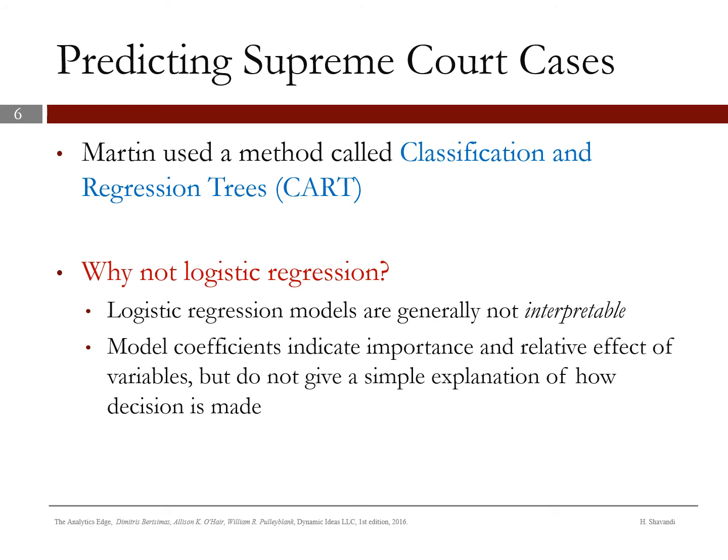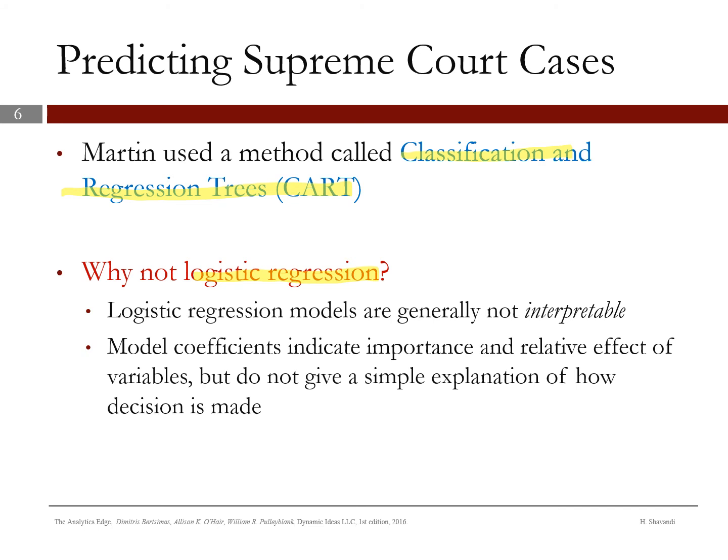Martin used a method called classification and regression trees, or CART. Here we may have a question: why didn't he use logistic regression? The outcome variable, the decision made by the Supreme Court, could be 0 or 1.